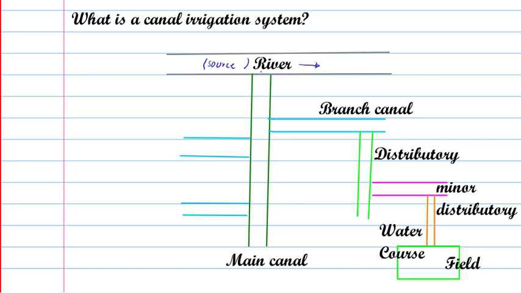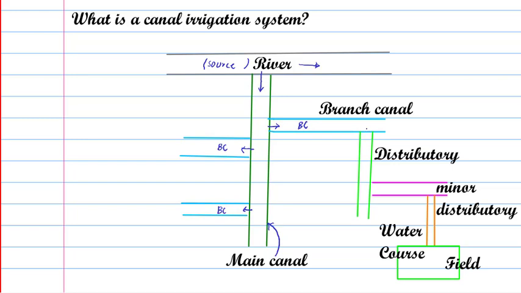From source we will take the water to our main canal. From main canal we have different branches. This is also branch canal, this is also branch canal, and this is also our branch canal.